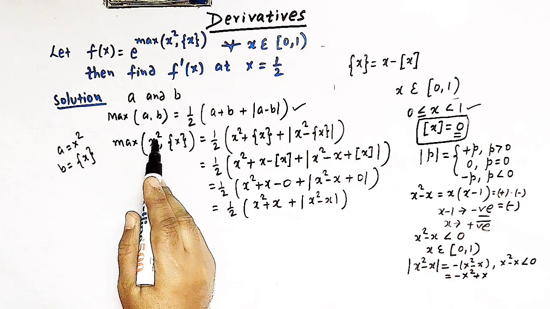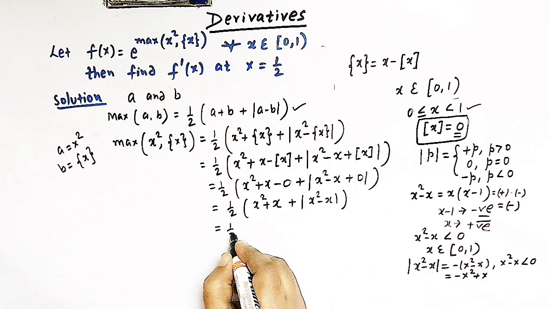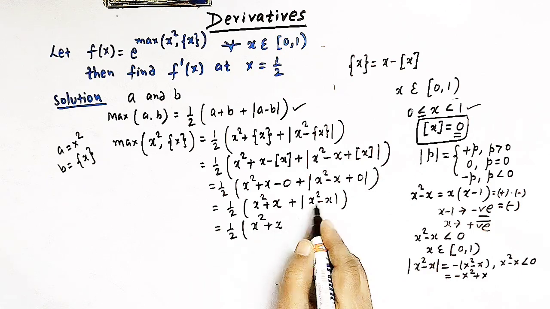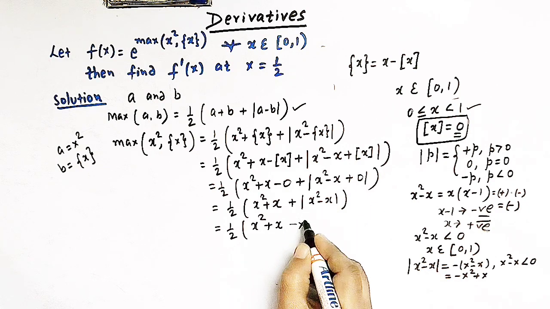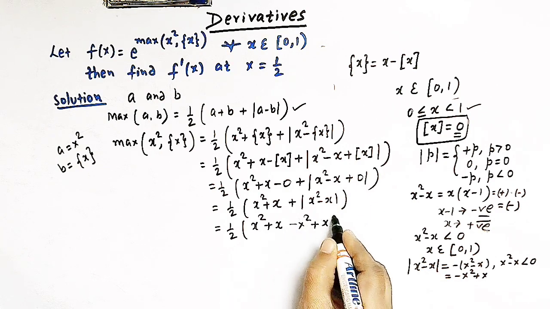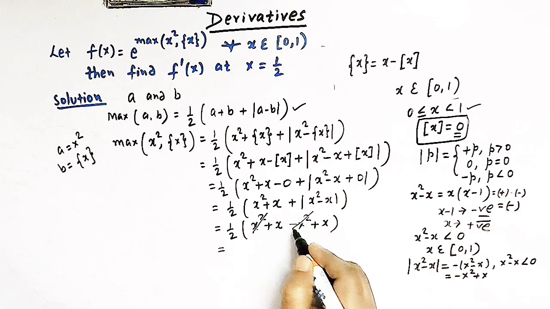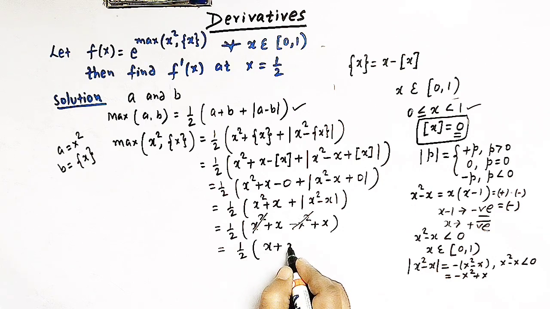Now the maximum of x square comma fractional part of x becomes half, and here we have x square plus x, and mod of x square minus x is negative x square plus x, right? So now simplifying it, these two quantities get cancelled and we have half and x plus x.